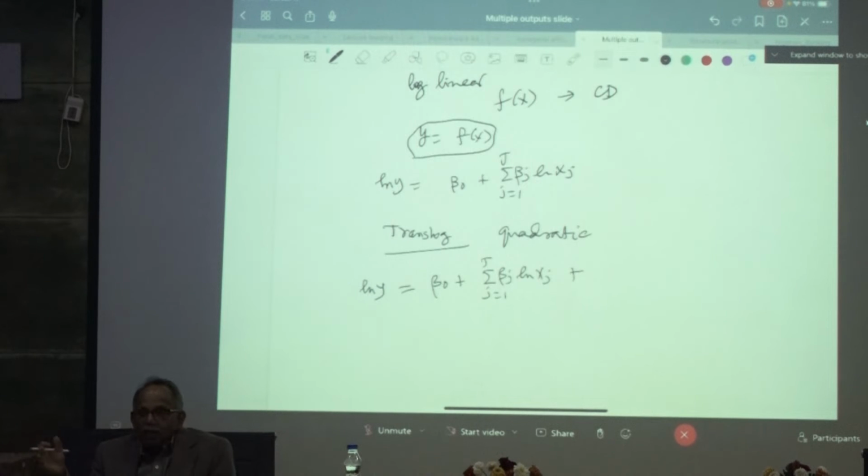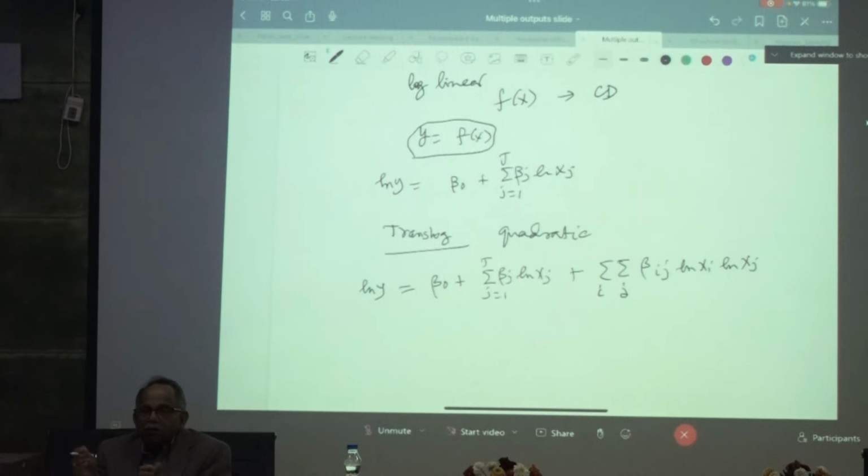That will be a quadratic specification of the function. So if you have many, then you can write it out like this, double sum, let's say over i and j, and then I can write beta i j log of xi times log of xj. Now you can see that, well, if i equals j, then this is going to be the square, right?